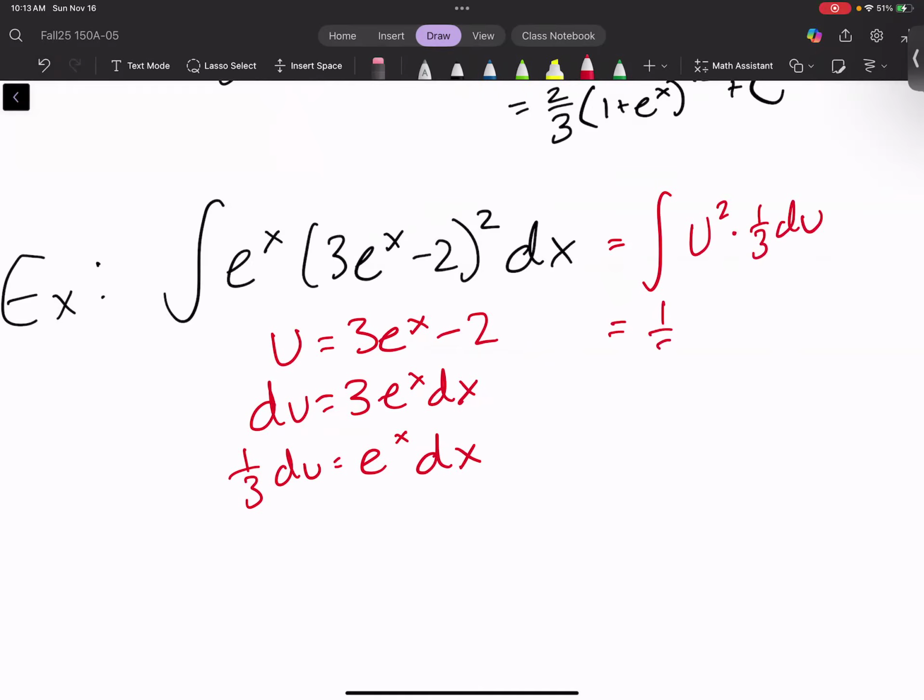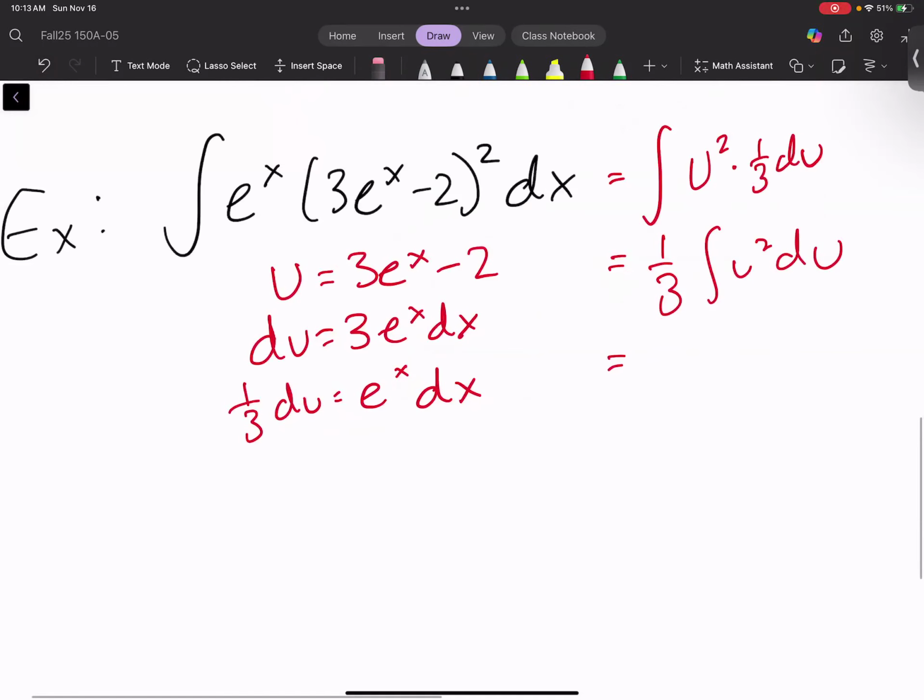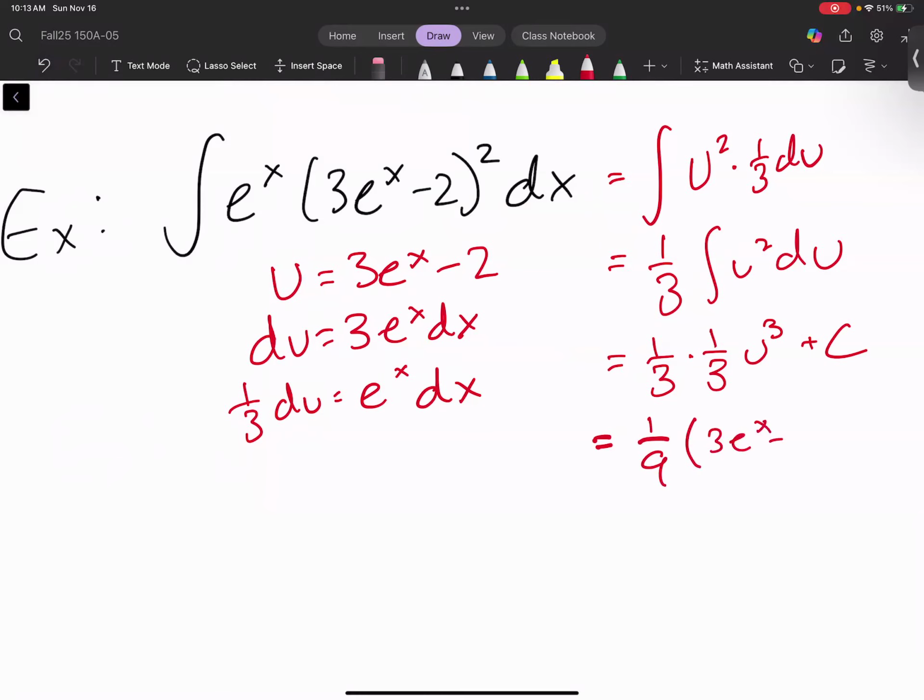So that's a third. And then what's the antiderivative of u squared? It's going to be 1/3 u cubed plus c. So that's going to be 1/9, not plus sign, excuse me, 1/9 u, so 1/9 times 3 e to the x minus 2, cubed, plus c.